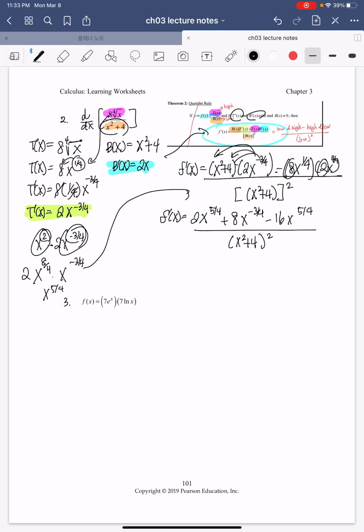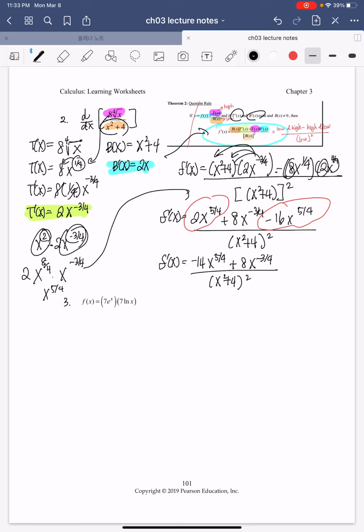You can see that these two I can combine because they have the same power. So 2 take away 16 will give me negative 14x to the 5 over 4, and then plus 8x to the negative 3 over 4, whole thing over x squared plus 4, whole thing squared.